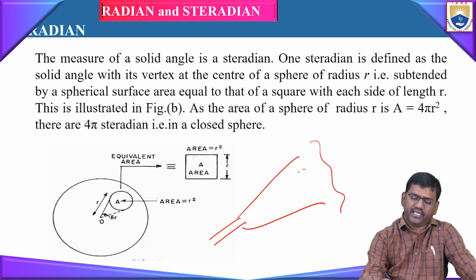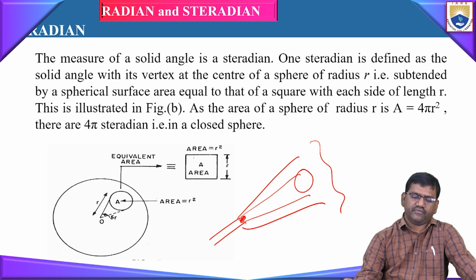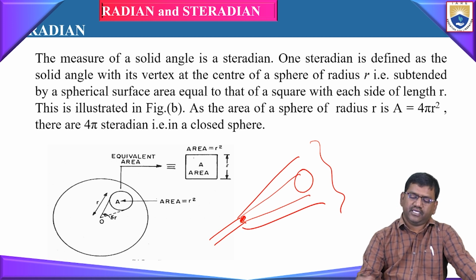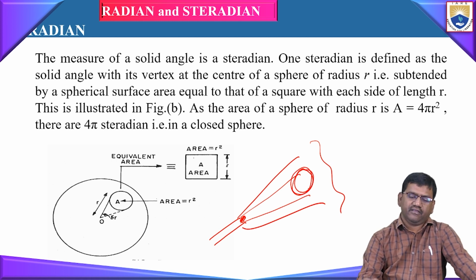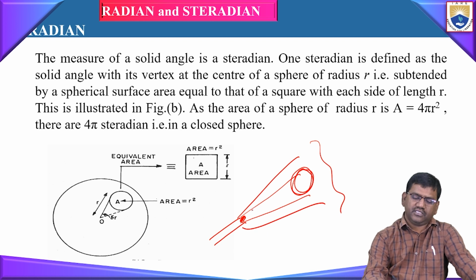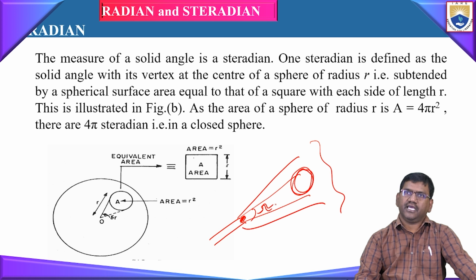Let us assume a small area here. With what angle is this area subtended with respect to a fixed point? Let us assume this as a sphere. With what angle does this spherical surface subtend at this point? We call this angle a solid angle.